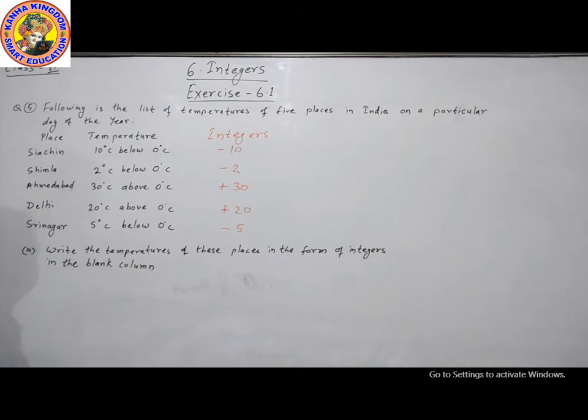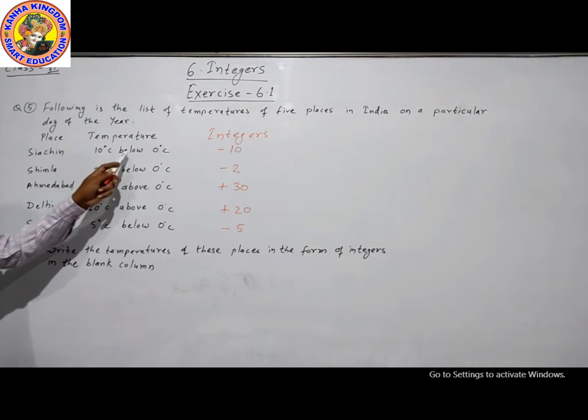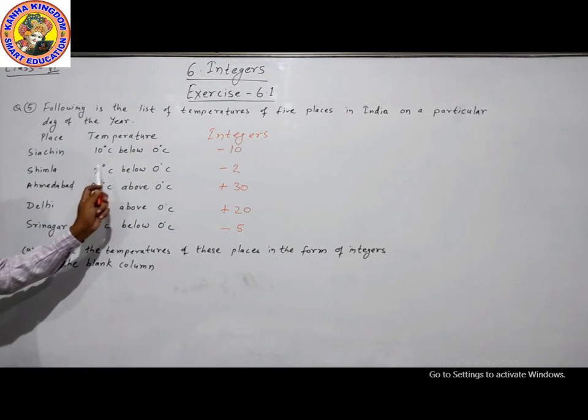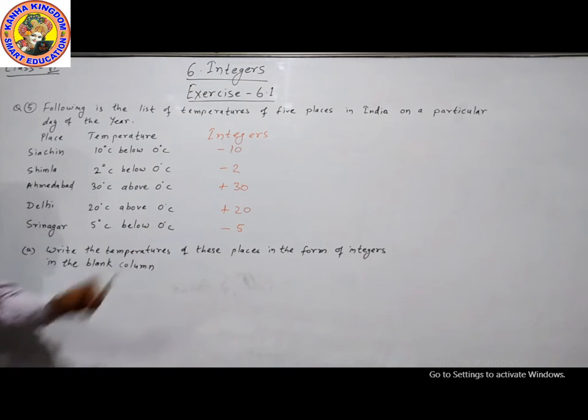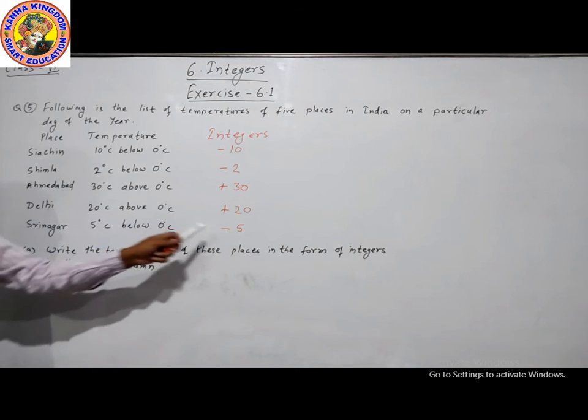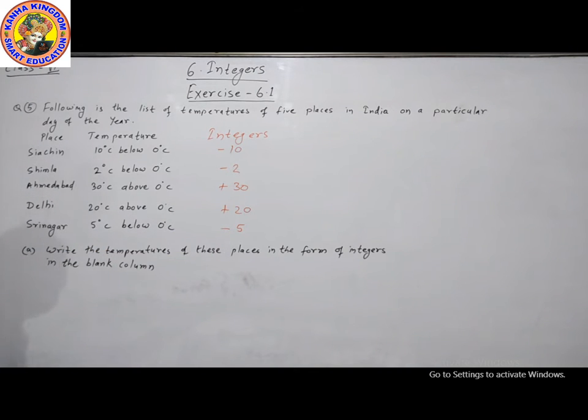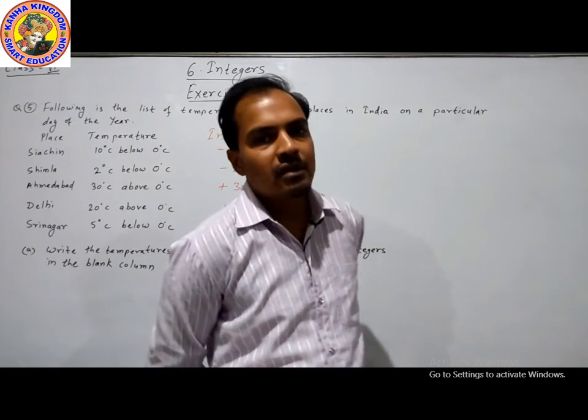These are the integers: 10 below minus 10, 2 below minus 2, 30 above plus 30, 20 above plus 20, 5 below minus 5. You can take a screenshot of this. We will move to our next part.